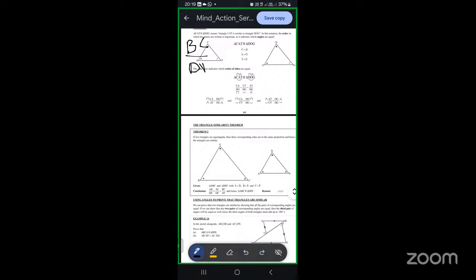That will be equal to the last 2 letters on the left triangle, CA, over the last 2 letters on the right triangle, FE.